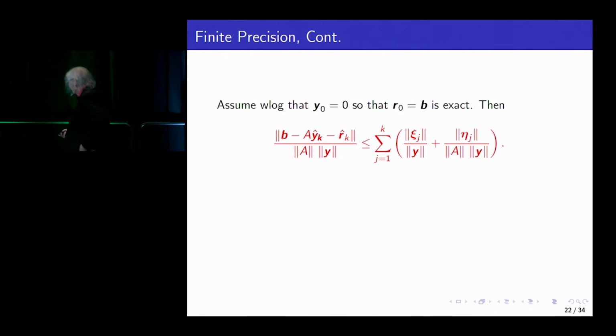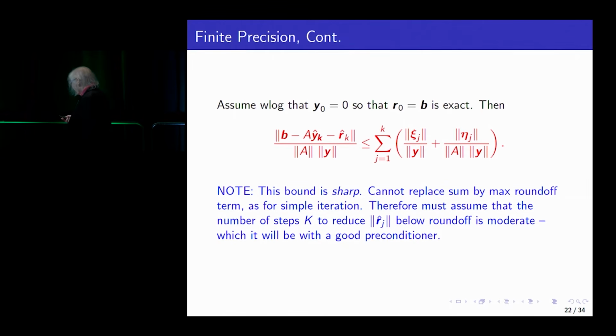So let's assume without loss of generality that we take y_0 equal to 0 so that r_0 equals b, and I'll assume the entries of b are floating point numbers, so that's exact. Then the difference between the true and updated residual satisfies this inequality. It's less than or equal to this sum of rounding errors.